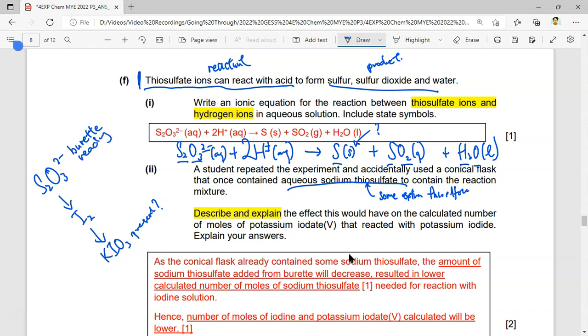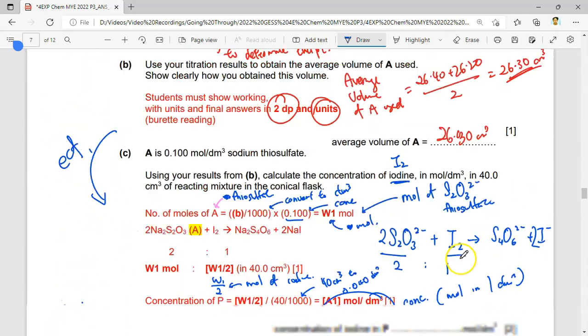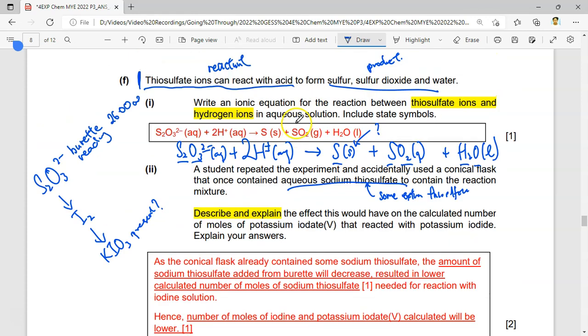So if I already have some thiosulfate, imagine initially I calculated I only need 26.3. But because there is some thiosulfate present, maybe now my thiosulfate required will be 26.00, because I already have some that is present and it will subtract some of the thiosulfate required. So you realize this means there's a decrease. Okay, so my thiosulfate reading from my burette will decrease.